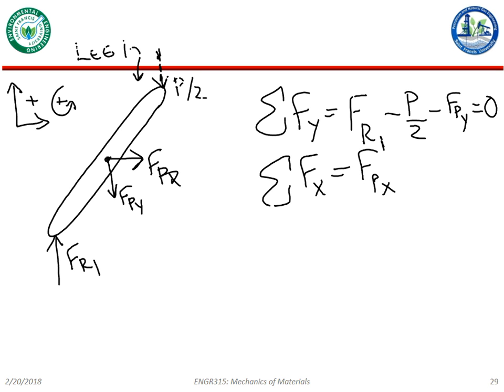No, none at all. Actually, sum of forces in X equals 0. Okay, but that doesn't help us. So that helps us get rid of a force, but it doesn't really help us with solving for some of our unknowns because we've added an unknown. We haven't added equations with the same number of unknowns. So what else can we do?